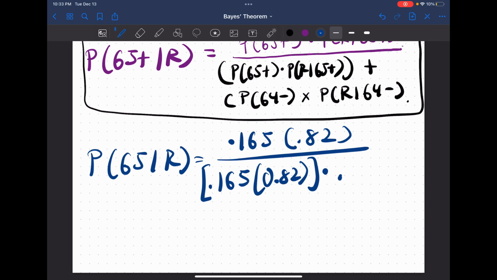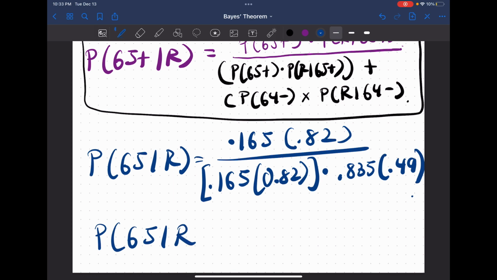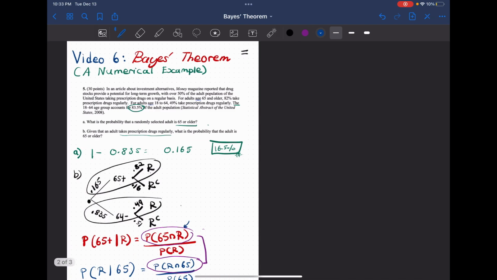Plus 0.835 multiplied by 0.49, and there you will get approximately 0.2485. So that is the answer for B.